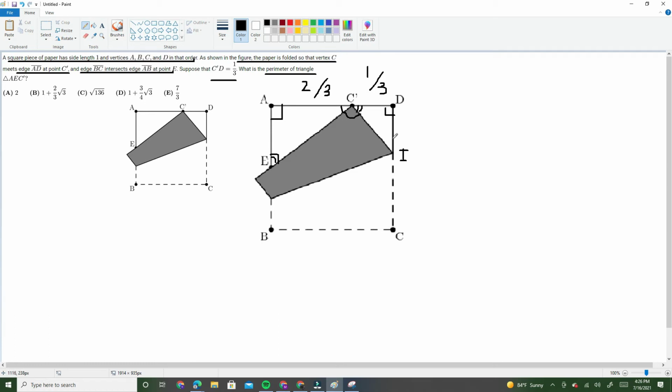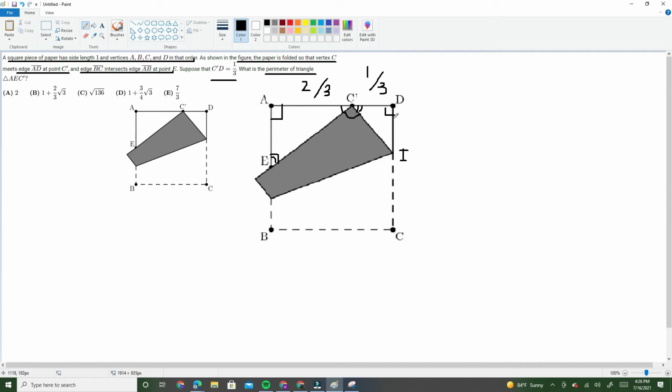Finally, we can figure out that angle C'ID is also complementary to angle IC'D. And this is because, once again, these are the angles of a triangle, so they have to add up to 180.